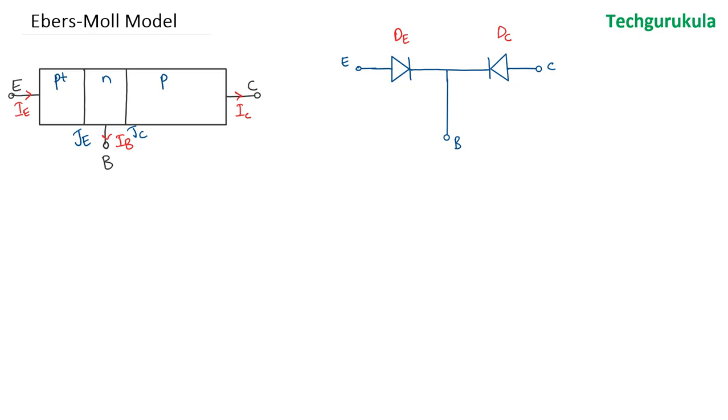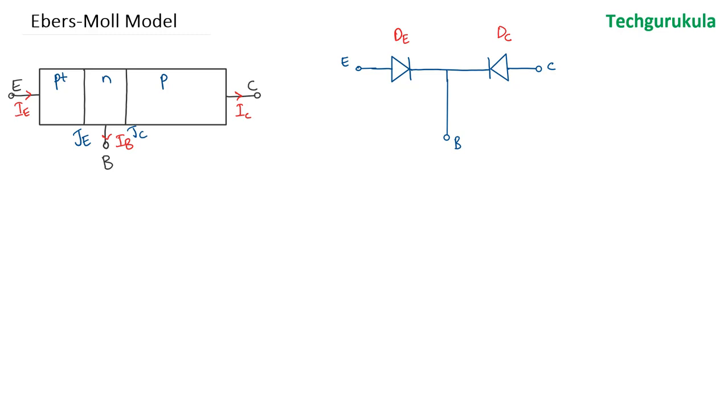Whereas in a BJT, the two junctions are interacting junctions, because the current flowing in the collector junction is controlled by the current flowing through the emitter junction in active mode. Hence, this model cannot represent a BJT completely. These two diodes here are non-interacting diodes, whereas in a BJT the junctions are interacting junctions.